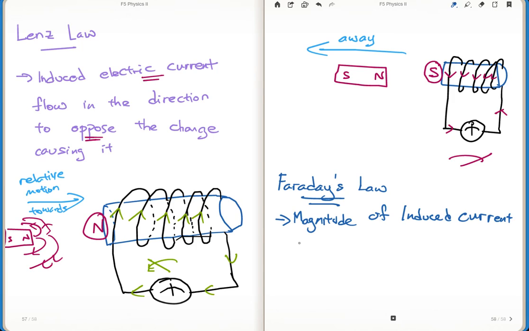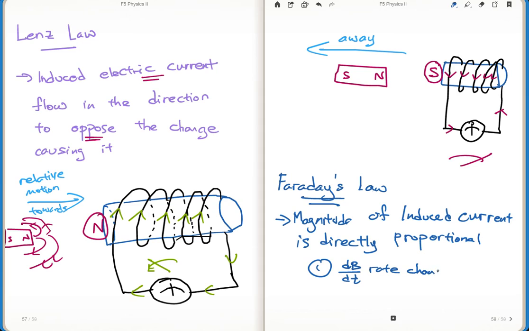is directly proportional to the rate of change of magnetic flux.